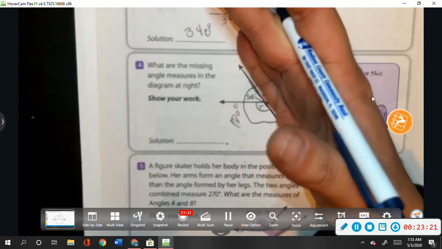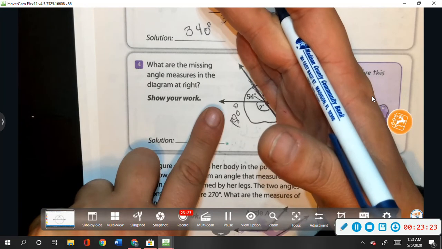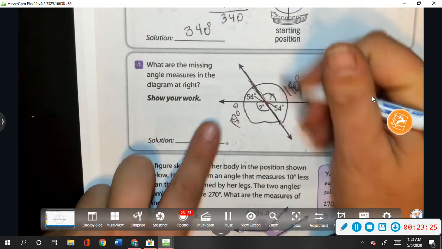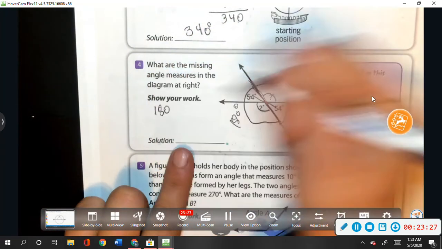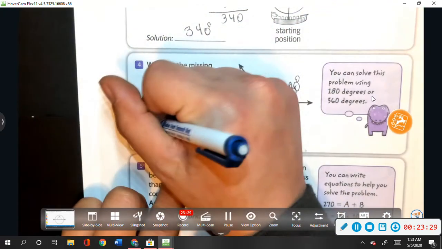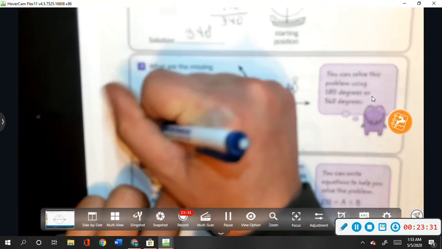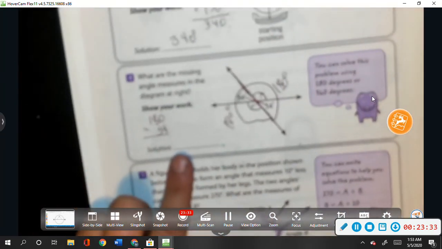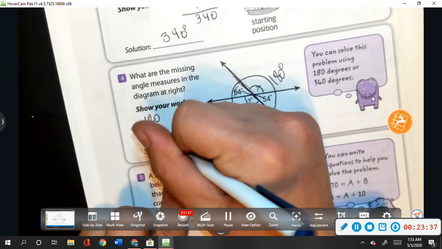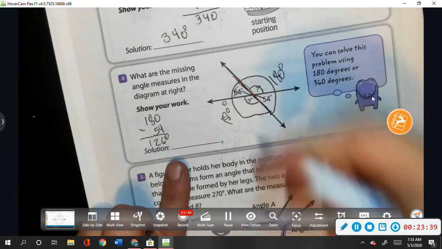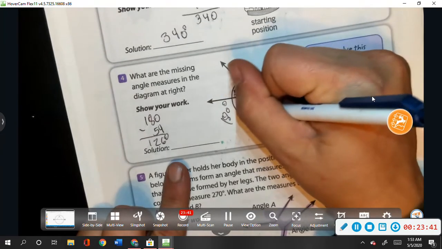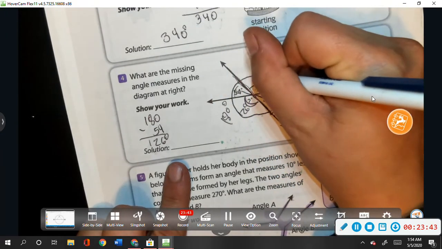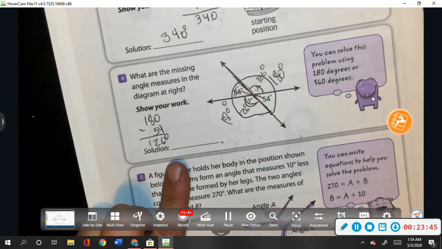We're going to go at this the same way we've been going at it. We're going to take our whole angle and subtract the known angle from that. And we do 180 minus 54, which is 126 degrees. And if this side is 126 degrees, this side is going to be 126 degrees.